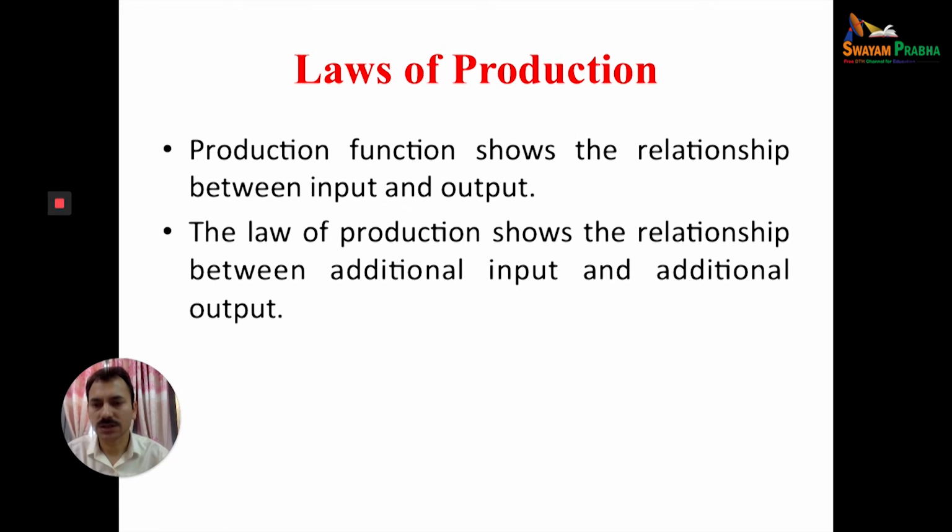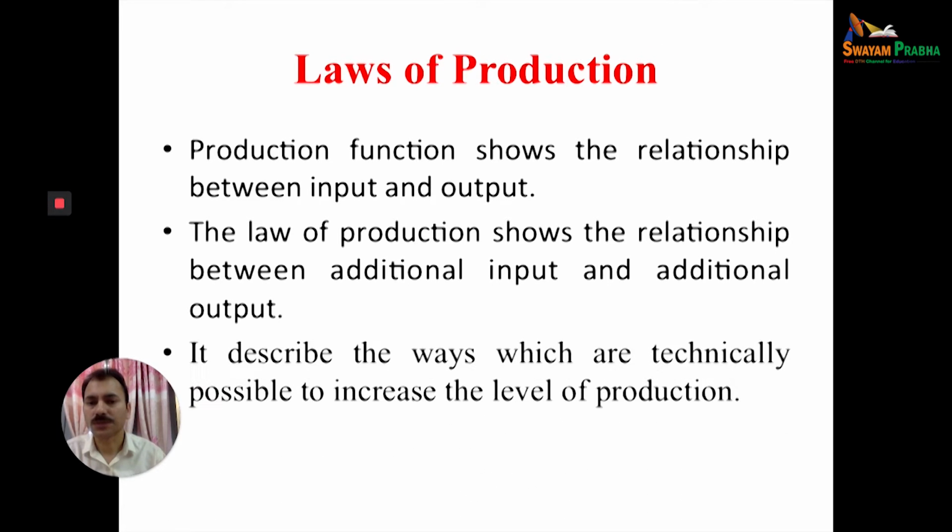Try to understand this concept. The production function simply explains the relationship between input and output, whereas the laws of production discuss the relationship between additional input and additional output.